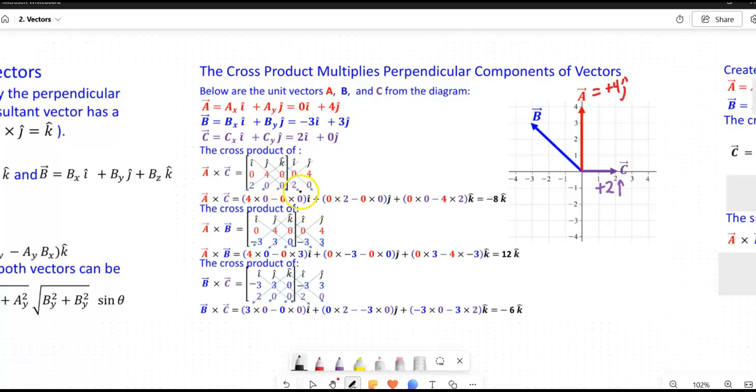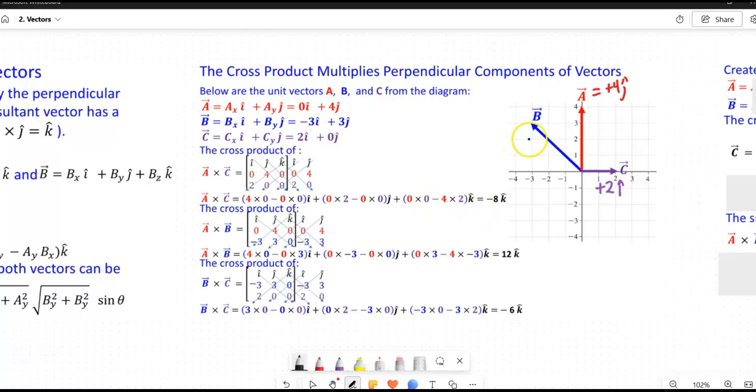And for the J, we're going to be 2 times 0 minus 0 times 0. And that'll be the J hat. Now the K hat direction is going to be 0 times 0 minus 4 times 0. So that's going to end up actually being in the negative direction. That's really interesting. It kind of reverses.